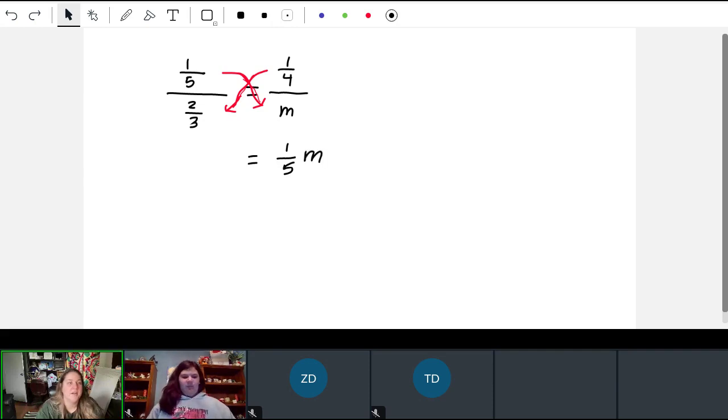Copy your equal sign down. Now, for 1/4 times 2/3, we're going to have to work that out. So I'm going to write it over here in blue. So 1/4 times 2/3, and then you solve straight across.